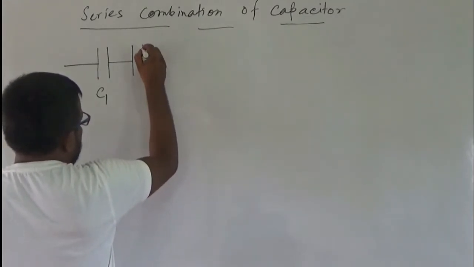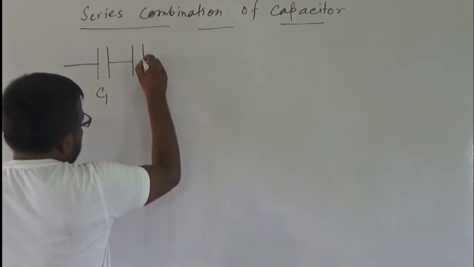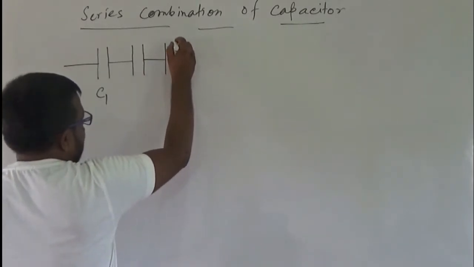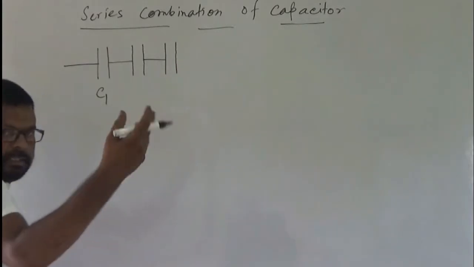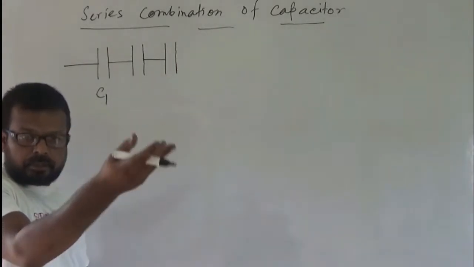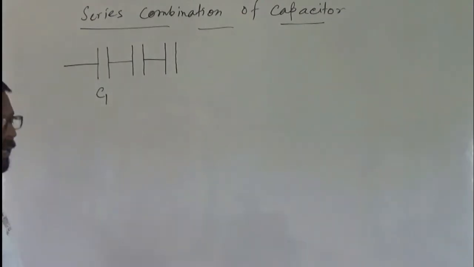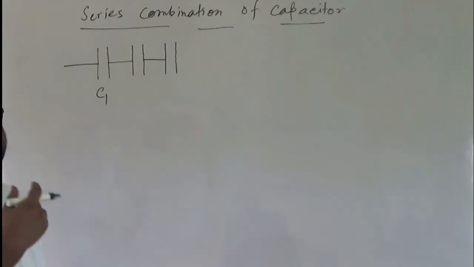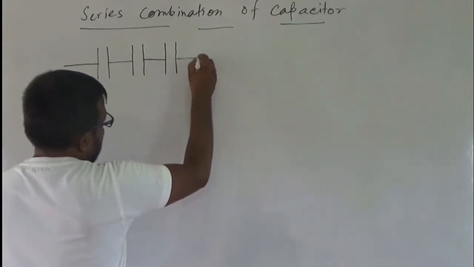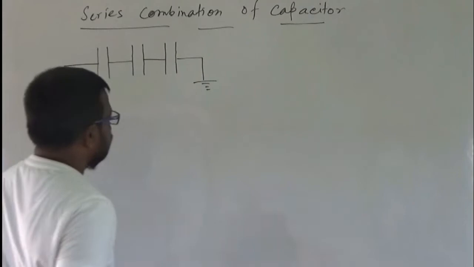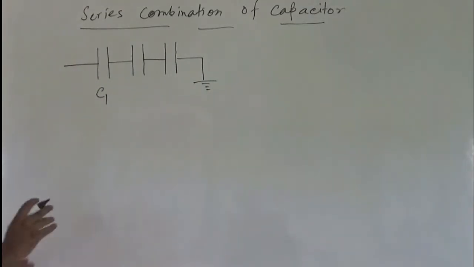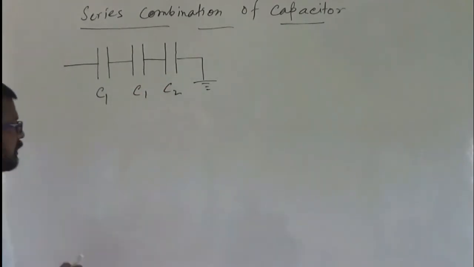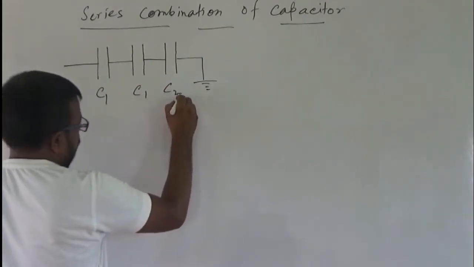The second plate of the second capacitor is not grounded, it is connected to the first plate of the third capacitor, and the second plate of the third capacitor may be connected to the fourth, and so on. And the last plate, that is the second plate of the last capacitor, is grounded. Right? This is the series combination with capacitances C1, C2 and C3.